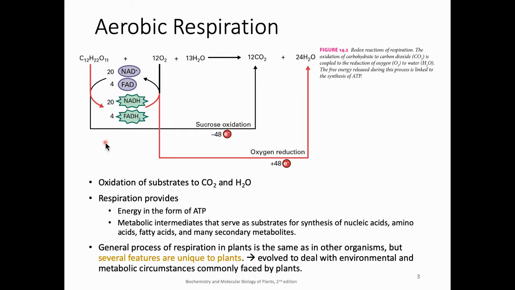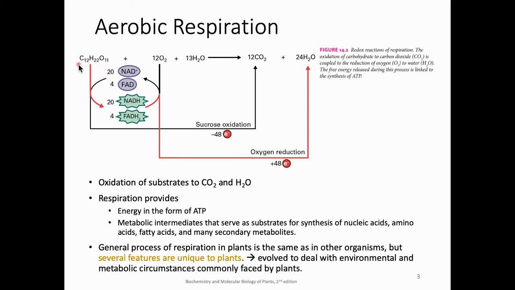And most of those organisms use glucose as the main source of energy to enter aerobic respiration. However, plants mostly use sucrose as the substrate for entering aerobic respiration because sucrose is the main product from photosynthesis. I will show you later why. So let's start with sucrose.